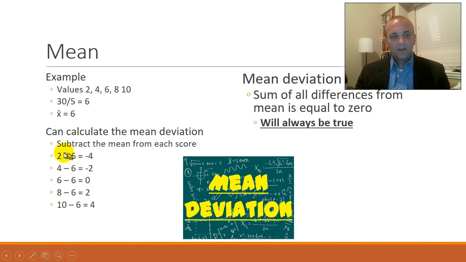And we know that the mean is 6. If we subtract, we know that it's 4 away from the mean, right? As well as 4 is 2 away, so -2, and then 8 is 2, and then 10 is 4. So if we sum all these differences together, they should all come to 0. So -4 plus -2 is -6, plus 0 is -6, plus 2 plus 4 is 0, right?